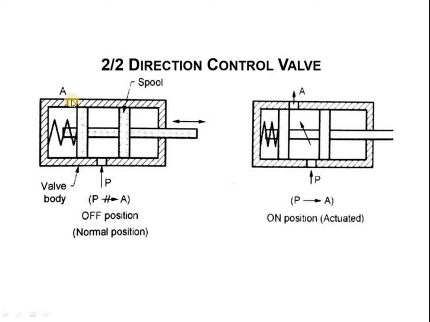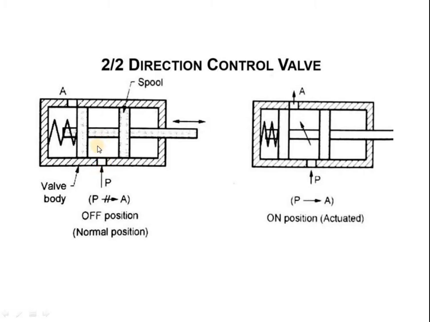There is a piston rod, and there are 2 spools, and it is spring returned. This is the cylinder or body of the valve. P means the pressure port: through this port the pressurized air enters the valve.